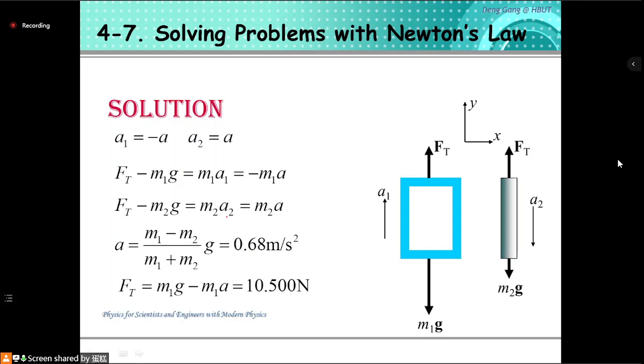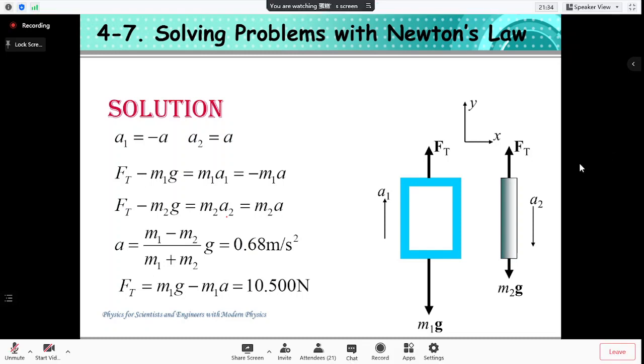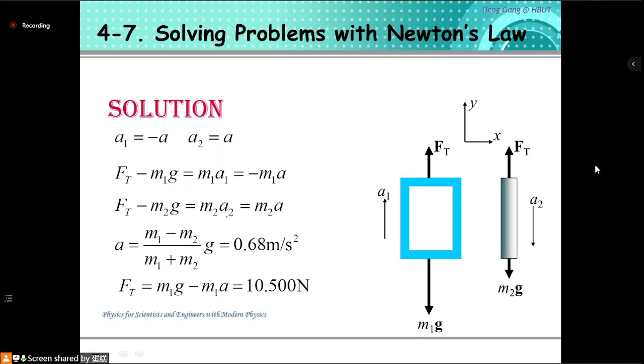First, we draw a diagram and show all the forces on each object. And then we apply Newton's second law on each object in the x and y directions. And then we solve the equations. Sometimes we need to find the connections between these two objects.